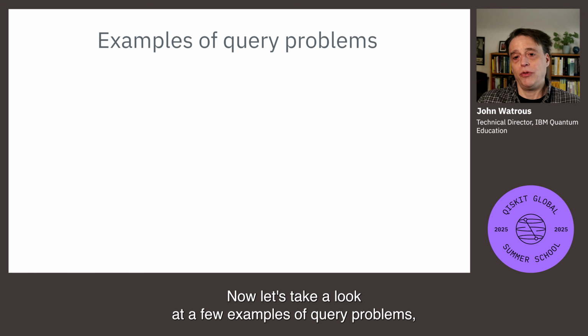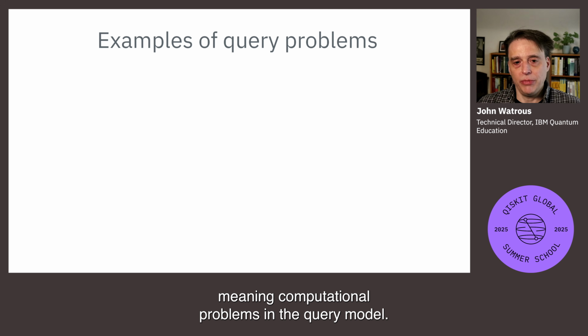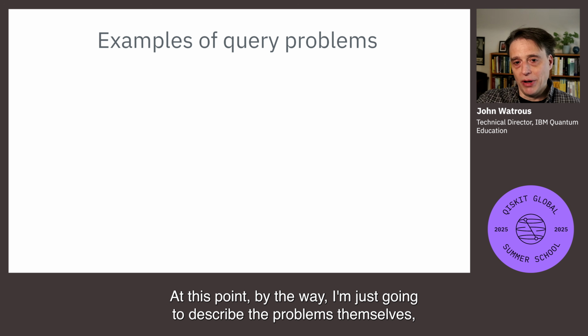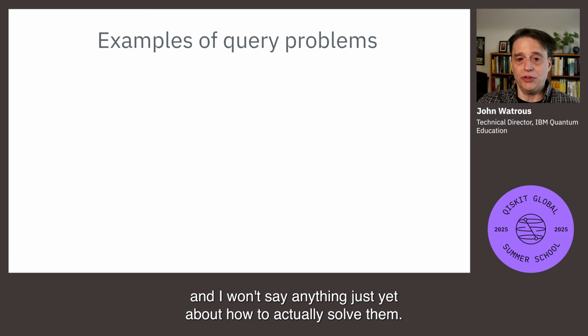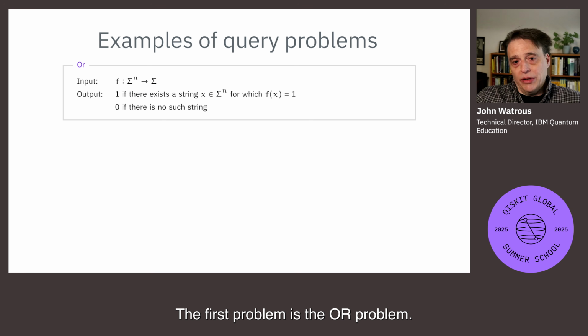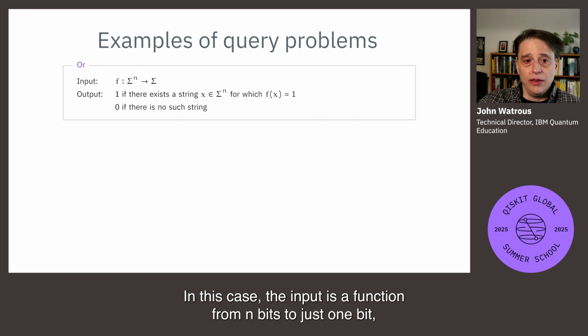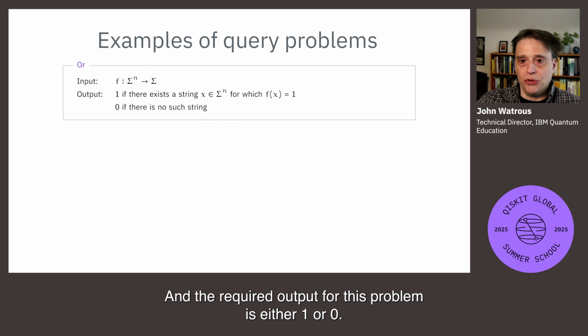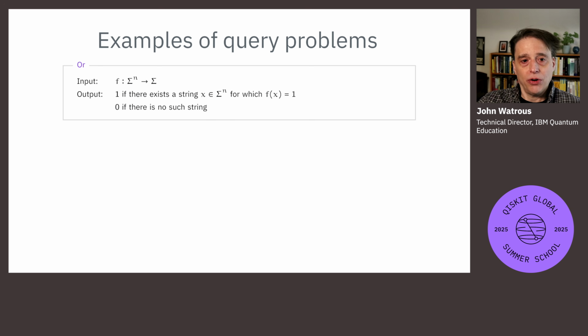Now let's take a look at a few examples of query problems, meaning computational problems in the query model. At this point, by the way, I'm just going to describe the problems themselves, and I won't say anything just yet about how to actually solve them. The first problem is the OR problem. In this case, the input is a function from n bits to just 1 bit, so m is equal to 1 for this problem. And the required output for this problem is either 1 or 0.